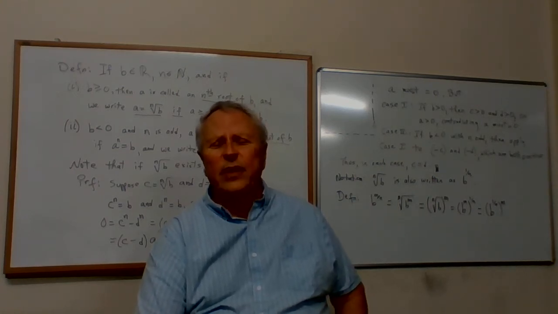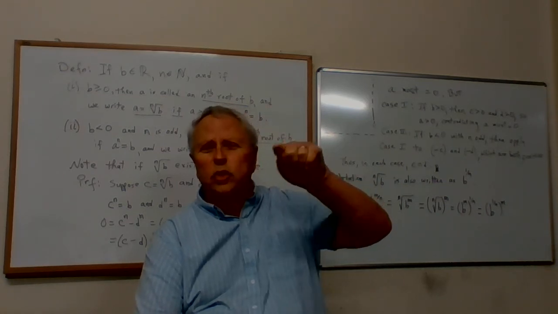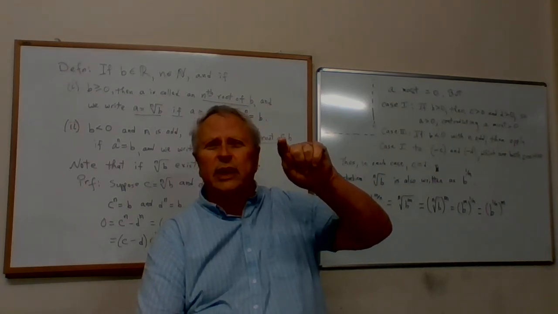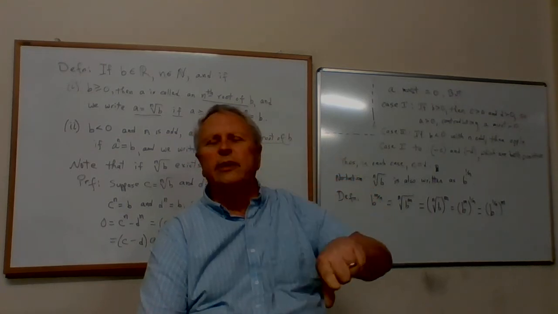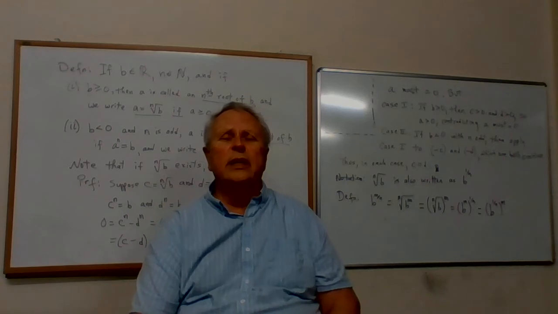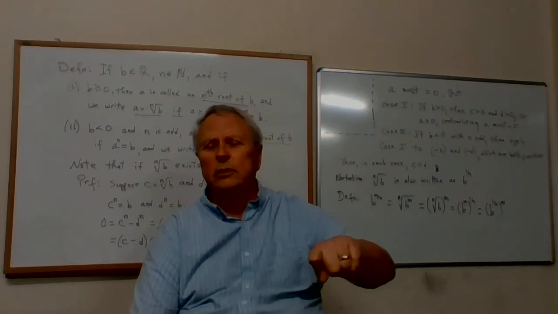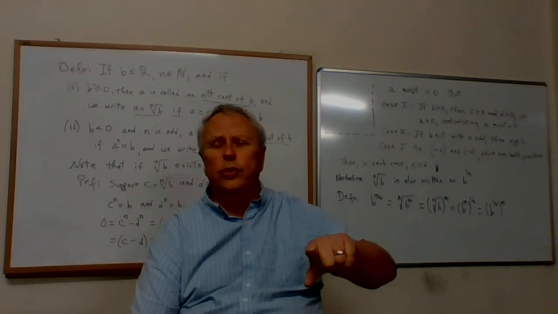Remember that a negative exponent just means that the number's in the wrong place. If it's in the numerator and you have a negative exponent, then put it in the denominator and it'll be a positive exponent. So 8 to the negative 2/3 power is 1 over 8 to the 2/3 power.